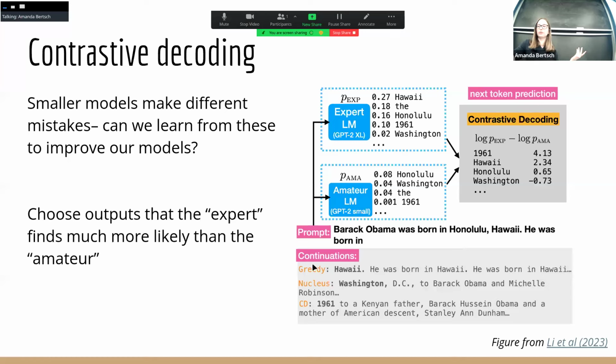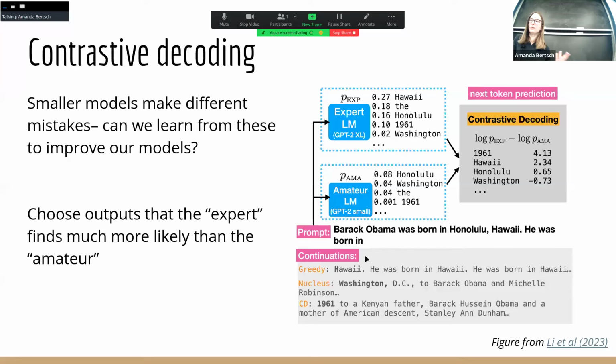And actually, if you sample naively from the larger model, you can wind up in these situations as well, right? If you just choose the most likely thing at each step, you wind up in this loop where it's like he was born in Hawaii, he was born in Hawaii, he was born in Hawaii. And this is behavior we generally don't want.